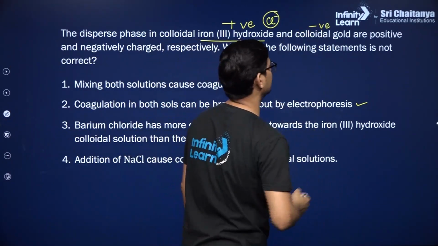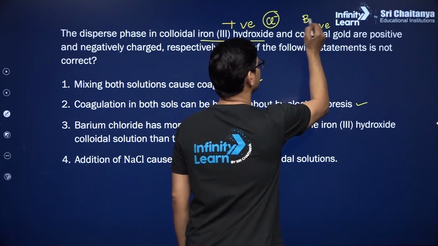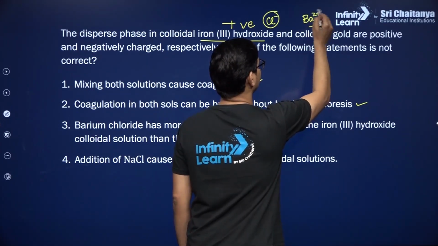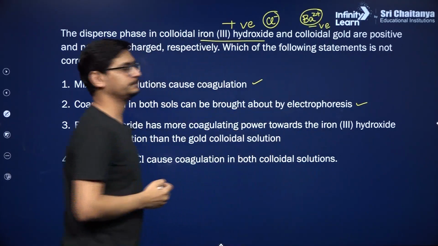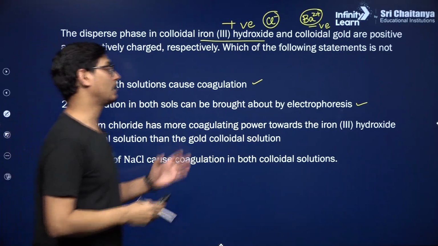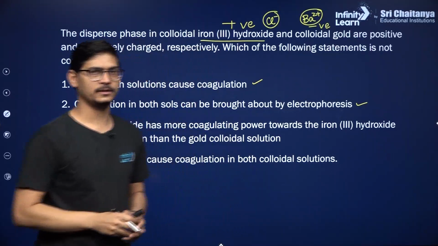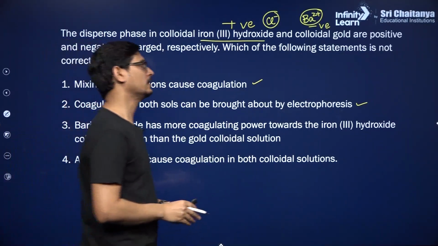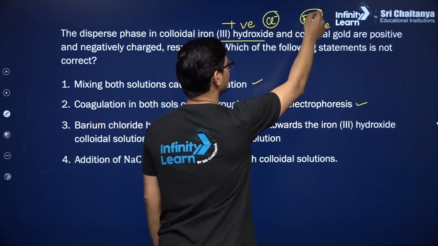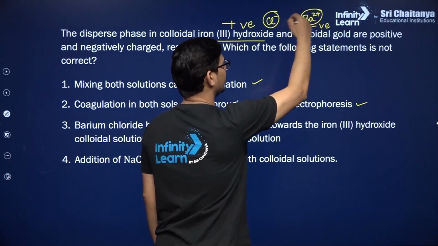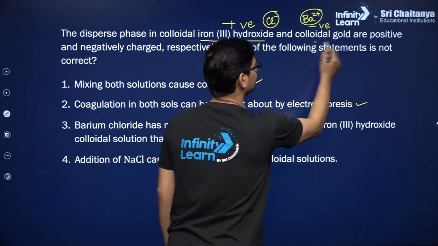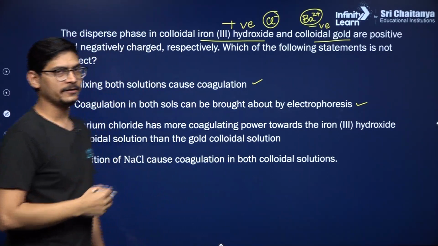Gold is a negatively charged solution, so of course it needs the oppositely charged ion, that is a cation for coagulation, barium 2+. Now we know that the Hardy-Schulze rule says that the greater the charge on the flocculating ion, the greater the coagulating power. So because barium 2+ has a higher charge than the chloride ion, barium chloride is a better coagulating agent for gold and not for ferric hydroxide.